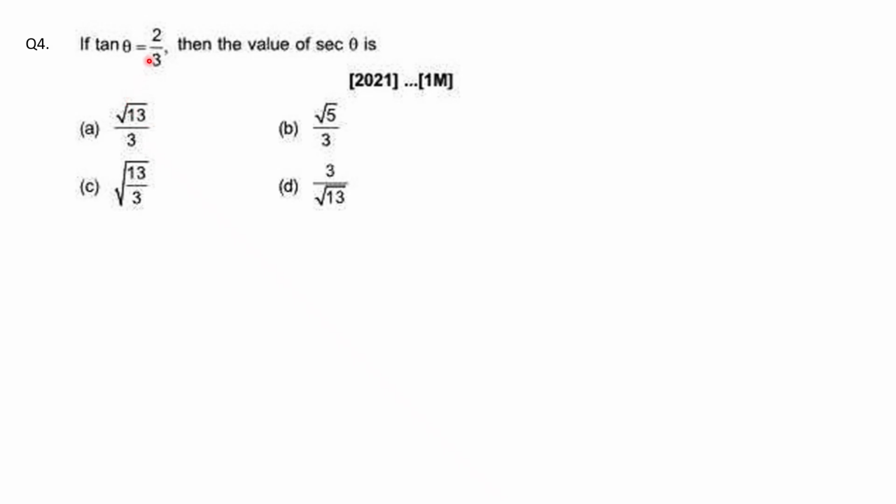Question number 4. If tan theta equal to 2 by 3, then the value of sec theta is. So we have a relation sec square theta is equal to 1 plus tan square theta. Sec square theta is equal to 1 plus tan square theta, which is equal to 1 plus 2 by 3 whole square equal to 1 plus 4 by 9.